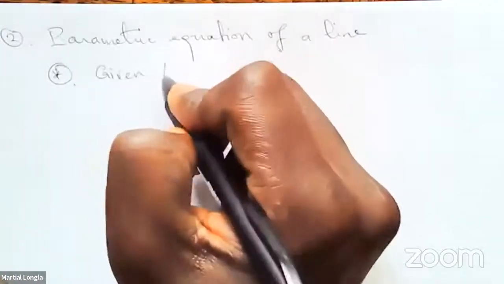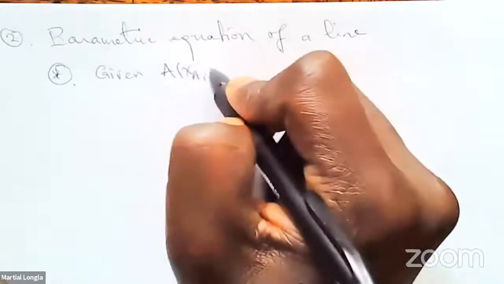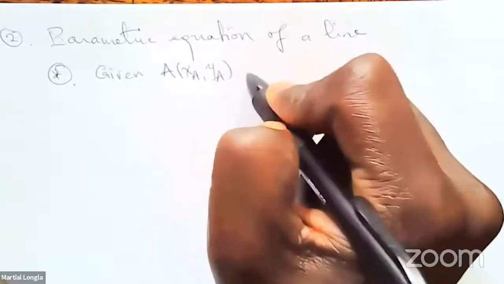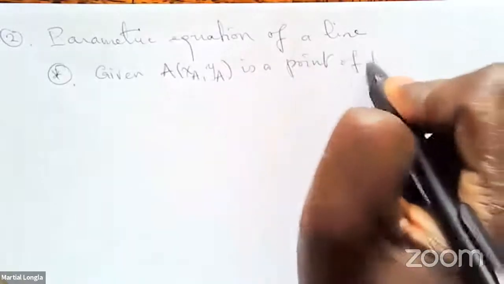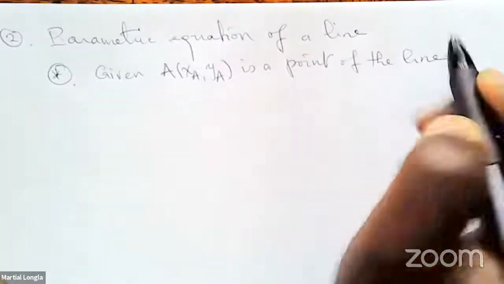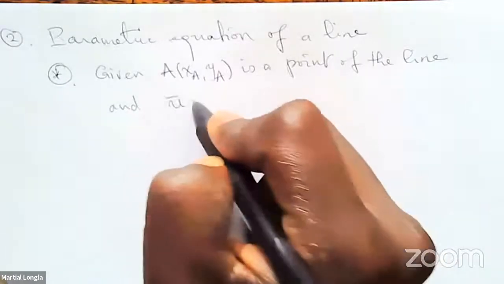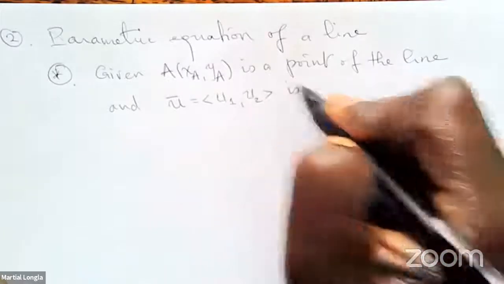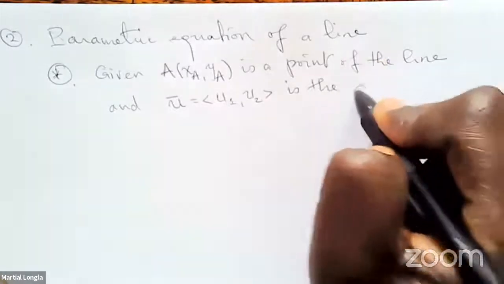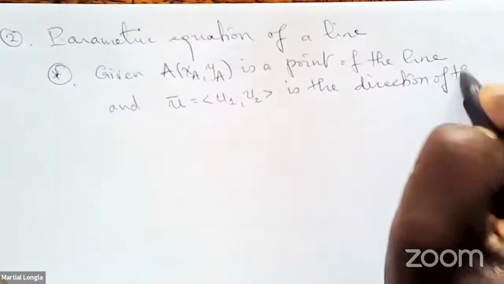If given A of coordinates xA, yA is a point of the line, and U equals (u1, u2) is the direction of the line.